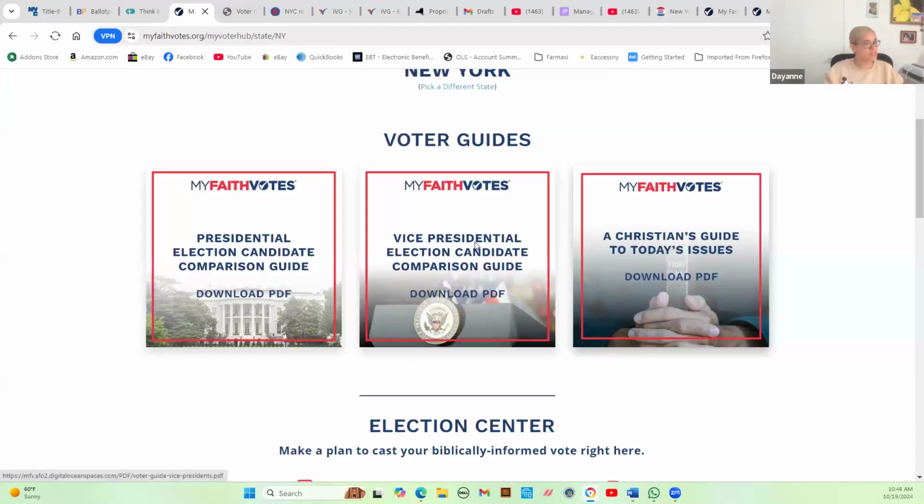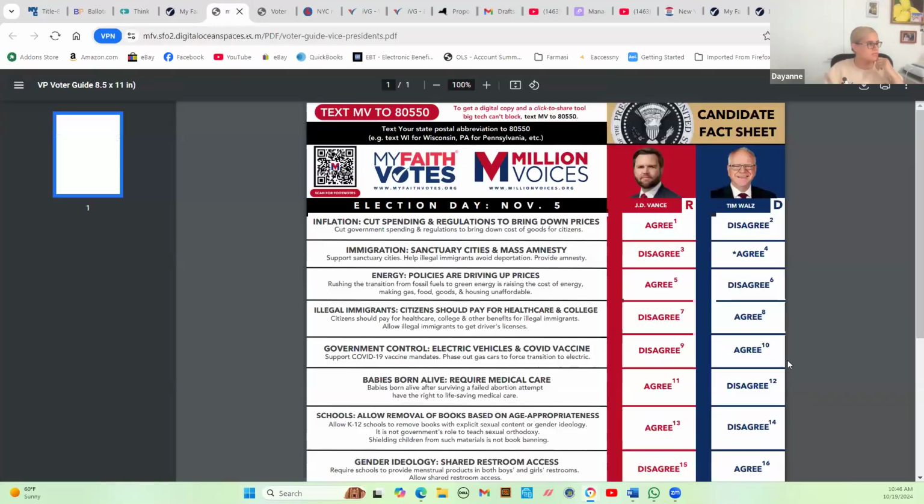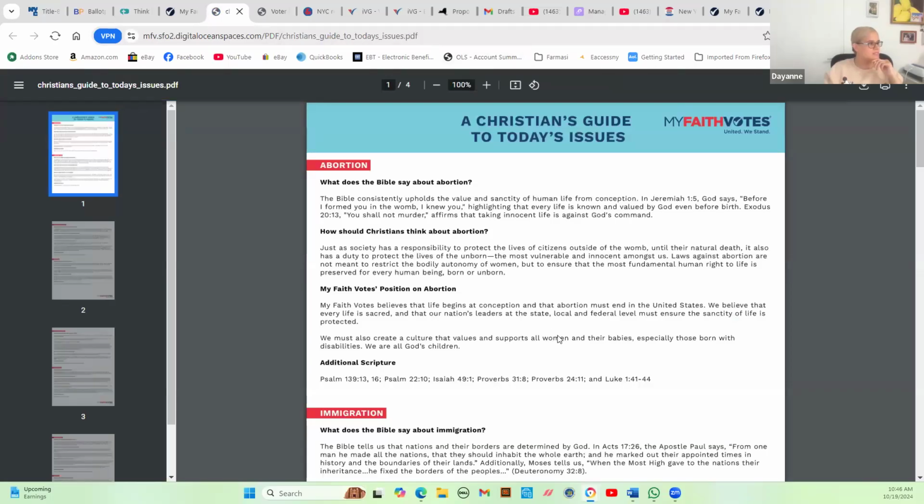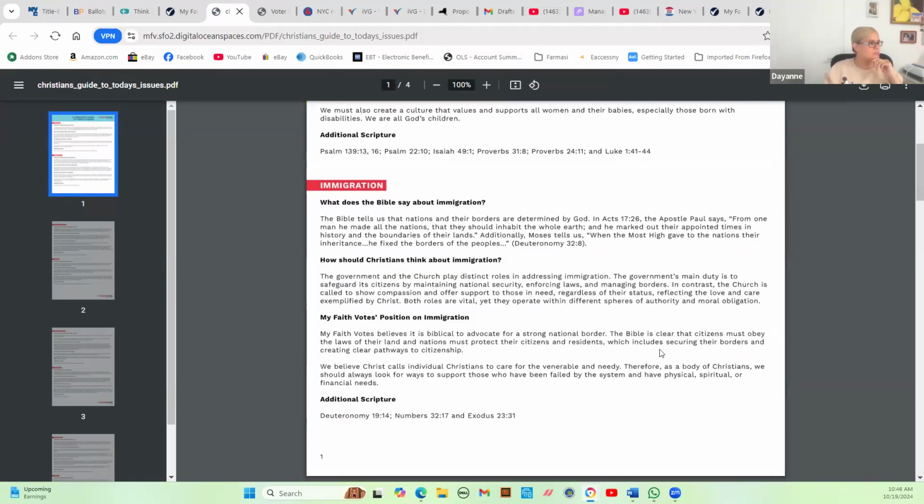Now you can go to the vice presidential candidate comparison guide. It's the same exact thing. It's going to give you the same details, what they're going to be working on, what they think, and so forth. And then the last one is a Christian's Guide to Today's Issues. And this is a lot more detailed.